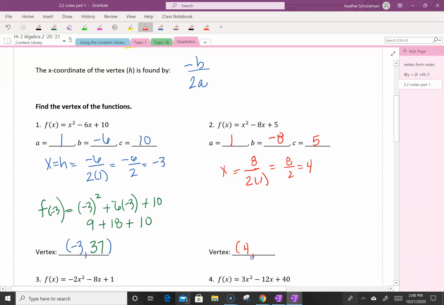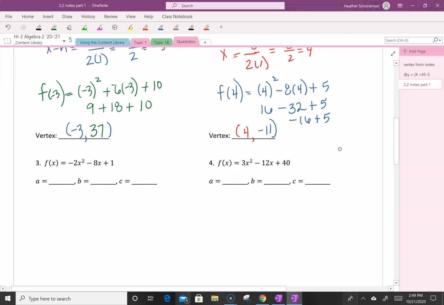So I know the x-coordinate is 4. Now I need to plug it in and find f of 4. So that's going to be 4 squared minus 8 times 4 plus 5. So this is 16 minus 32 plus 5. So negative 16 plus 5, which is negative 11, and that's my y-coordinate.